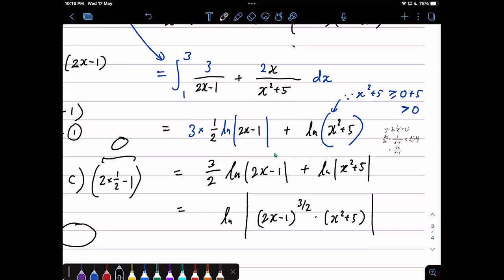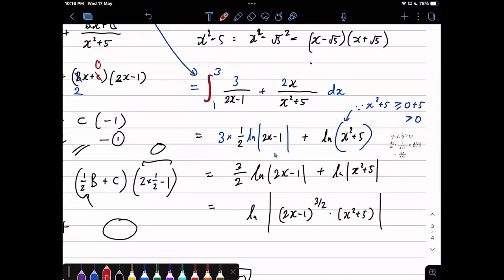Because the power rule for logarithm tells you can bring the power up, and addition means it becomes a multiplication. Then I'll just put a modulus sign around the whole thing. But take note, I missed out a step, which is this is integral from 1 to 3 dx. So I actually need a square bracket, x equals 1, x equals 3. Almost forgot about it.